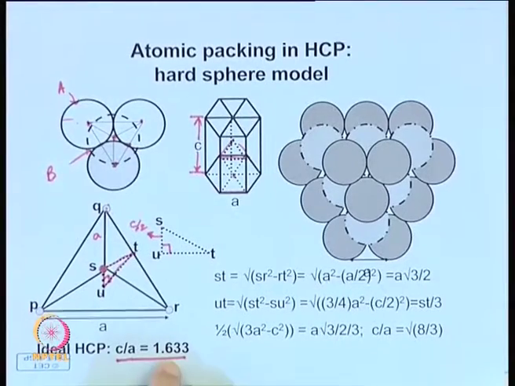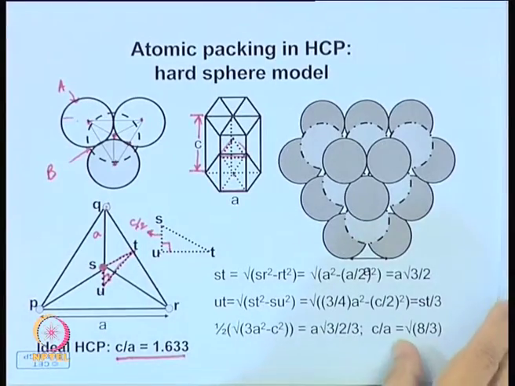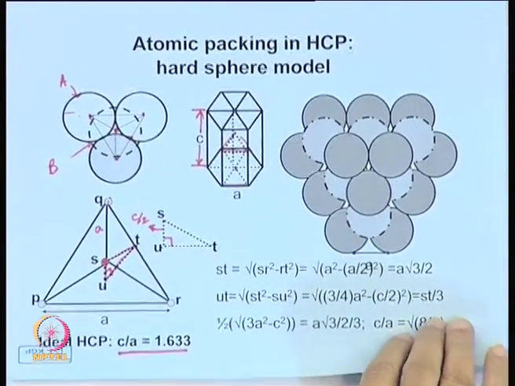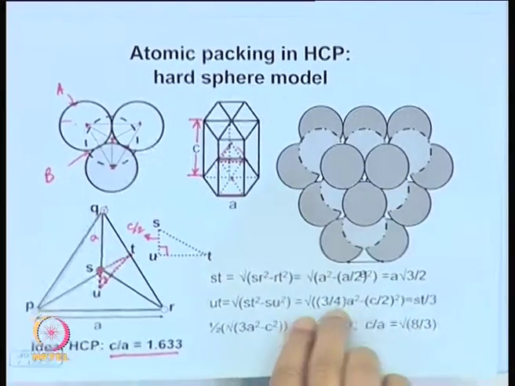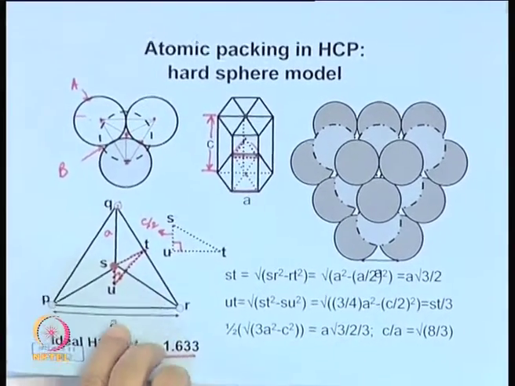If you look at the lattice parameters of some of the elements which I said have hexagonal close packed structure, like zinc, magnesium, titanium, you may find they have a particular c by a ratio, but none of them exactly satisfy this. Possibly the nearest that comes is magnesium, but you look up the table and see it for yourself.